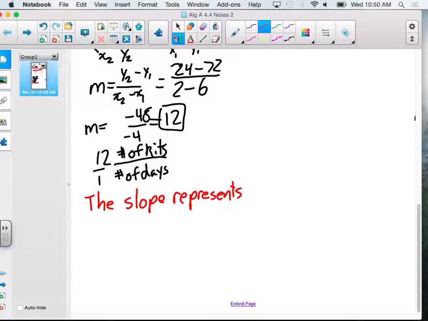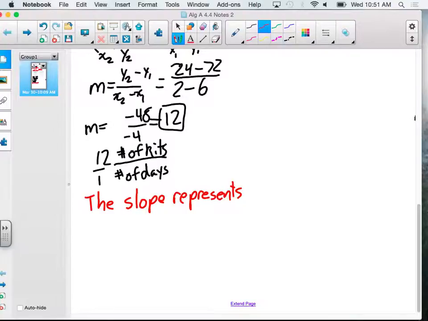Kits per day. Okay, be more specific. How many kits have been made in one day? 12 kits were made in 1 day. Okay, so it represents that 12 kits was the total number of kits per day. You're getting closer. So slope represents, they can make 12 kits a day, right? 12 kits made each day.